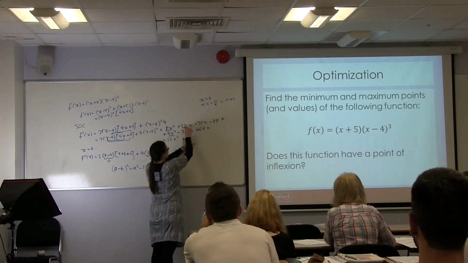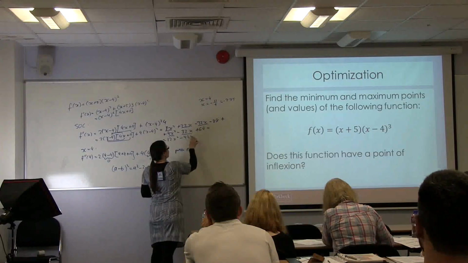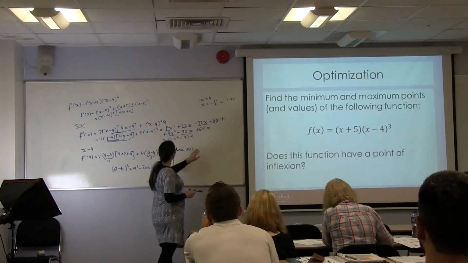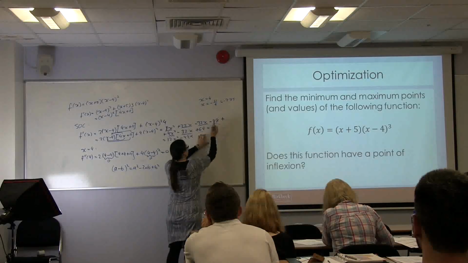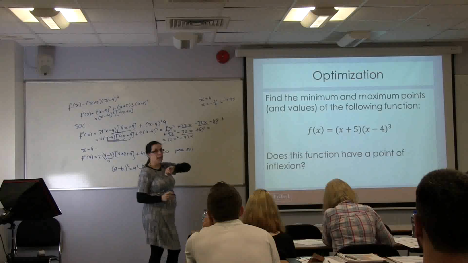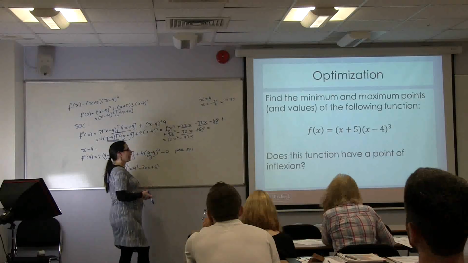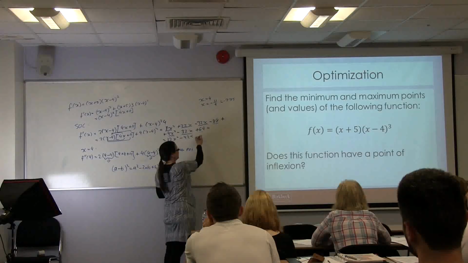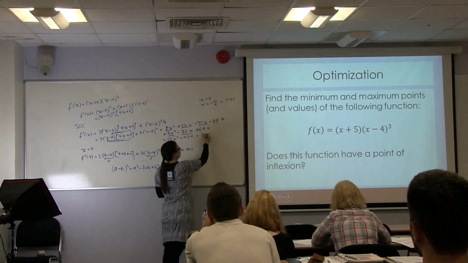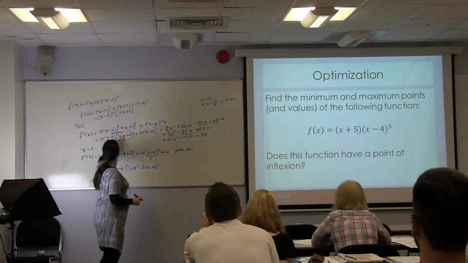Minus another 32. Minus 42x. And I've got plus 64 and minus 88. And please help me with a calculator, because you can use it, so I don't have to go through that. What is that? Minus 24. Okay. Now, much simpler than this one.